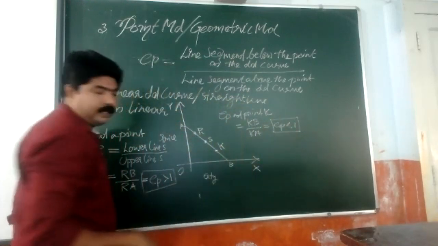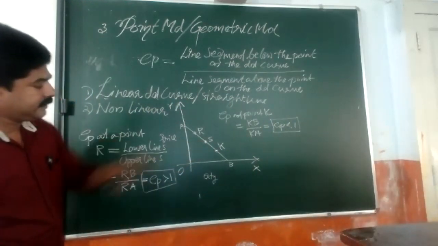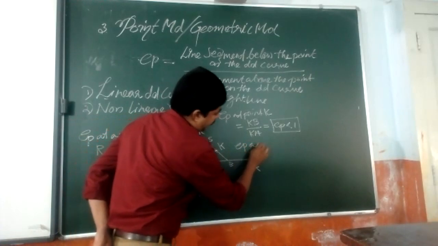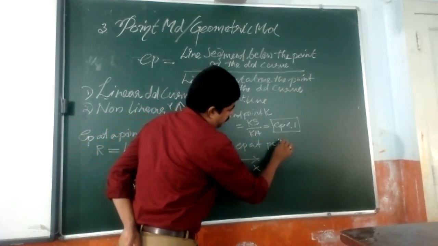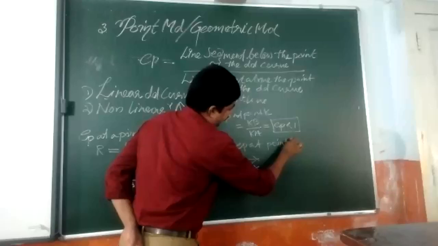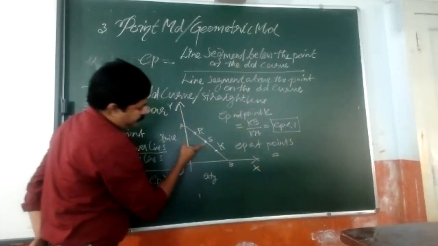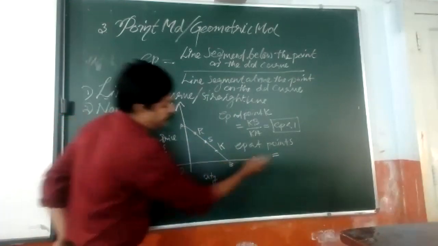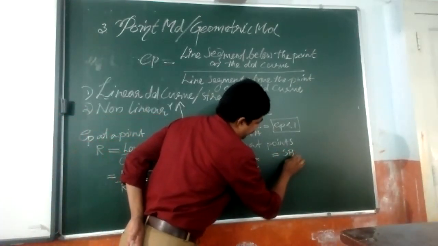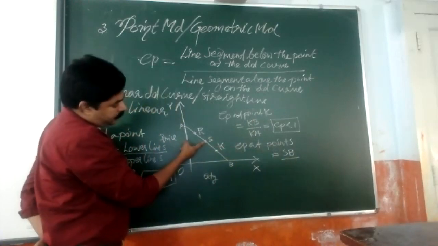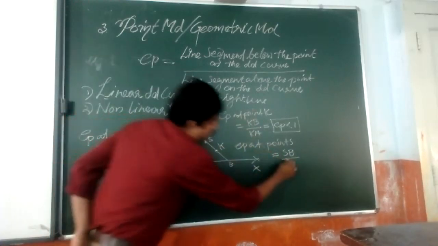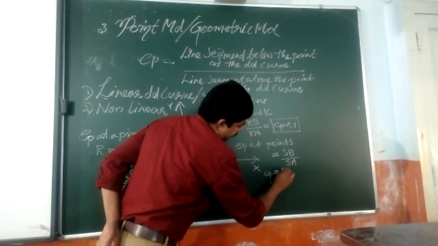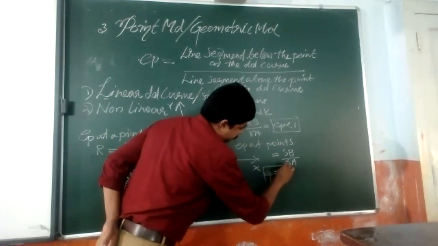Now one more, let me write S. Elasticity at point S is equal to lower line segment, that is SB, upon upper line segment, SA, which means the value is equal to 1.